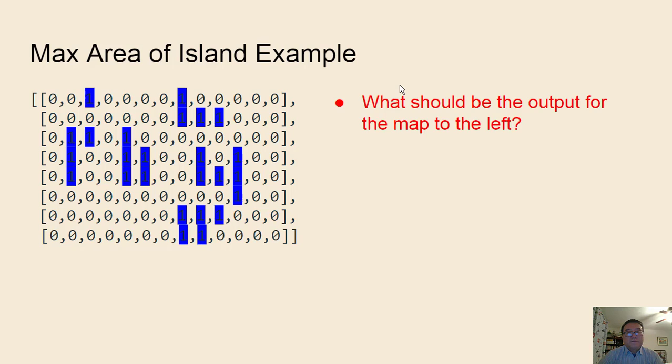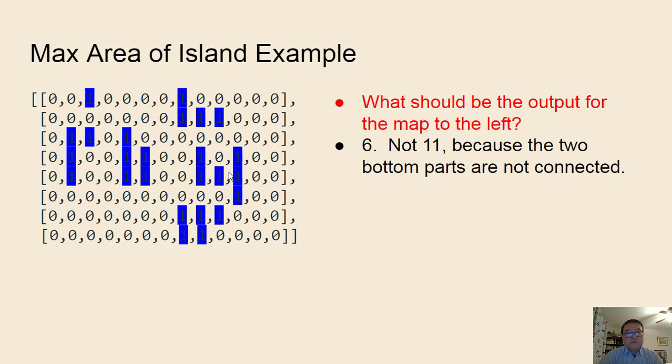The answer, I believe, should be 6. In this picture, we have 1, 2, 3, 4, 5, 6 separate islands, and the biggest island is this one, which has an area of 6.